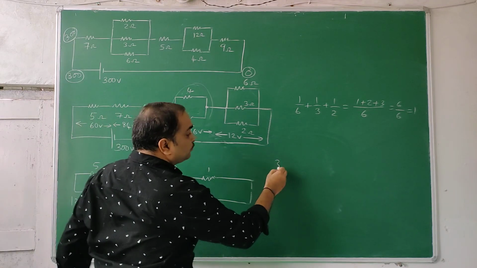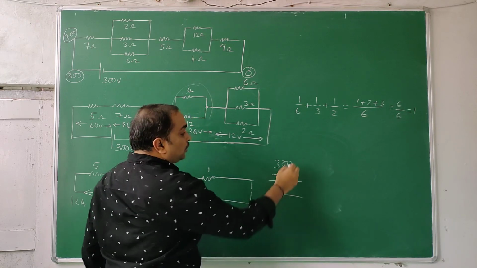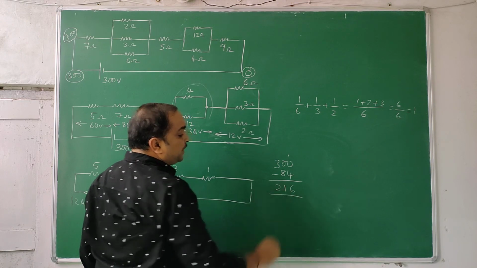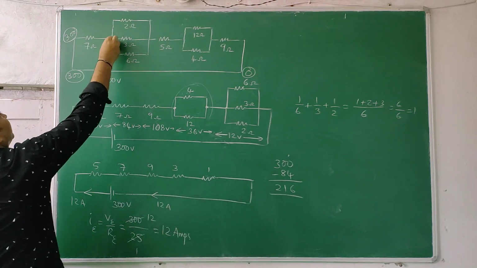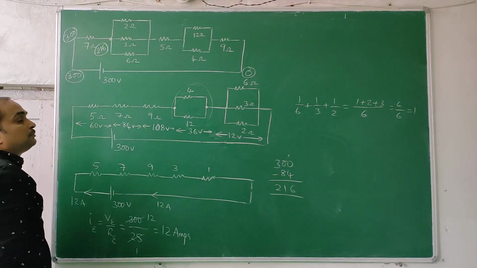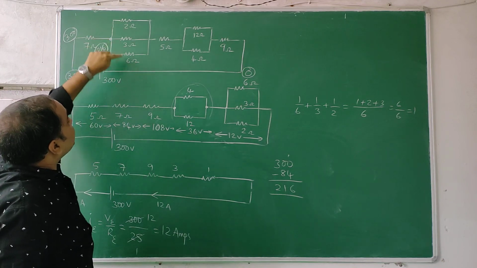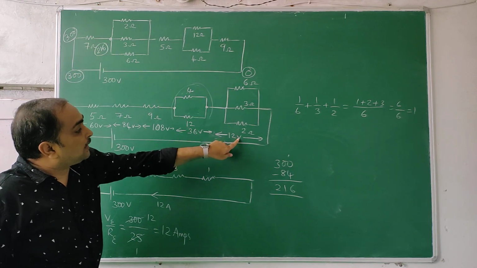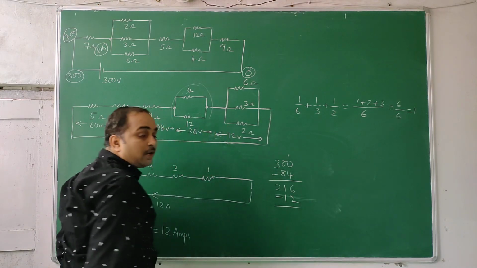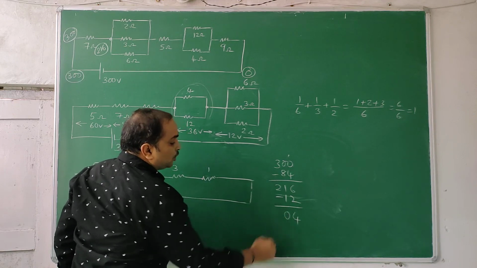300 minus 84. So 216. This point will be at 216 volts. After that, this one, 216, has a drop of 12 volts. 216 minus 12, you have to do it: 204.